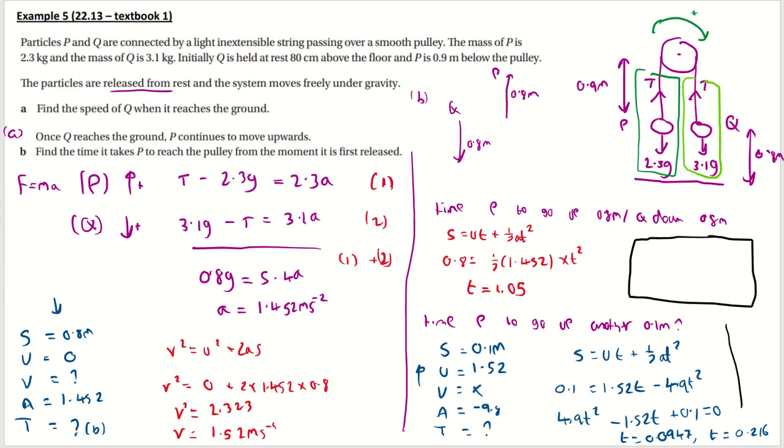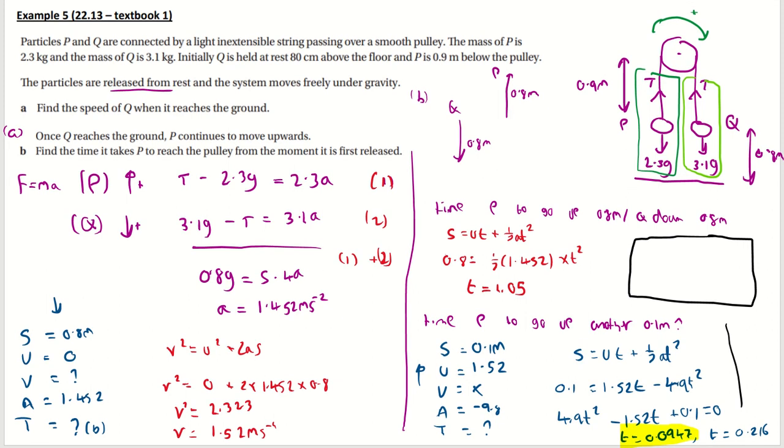The second one would be theoretically coming back down if it didn't hit the pulley. So the time is going to be 1.05 plus this 0.0947, which if we add them together gives us 1.14 to 3 sig figs, 1.14 seconds.